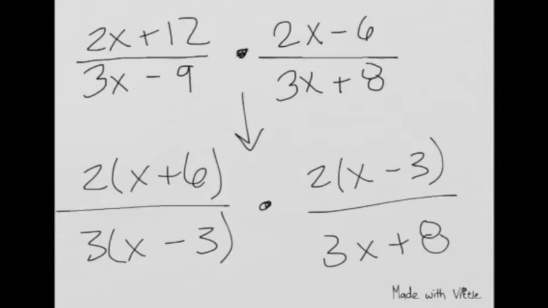So now with every problem that you do, not just this one, you have to remember that you want to have something in common that you can cross out, like this part for this problem.